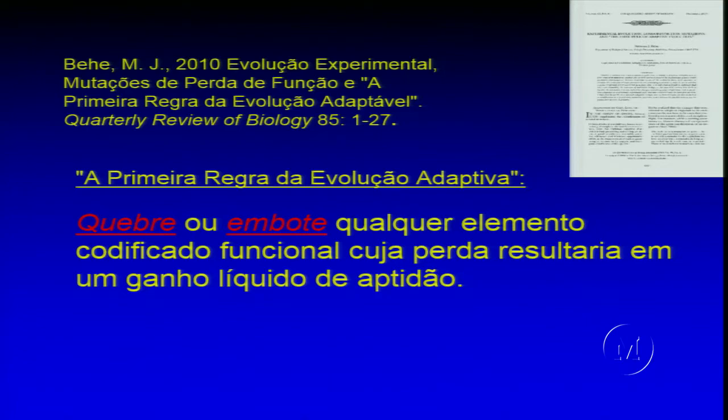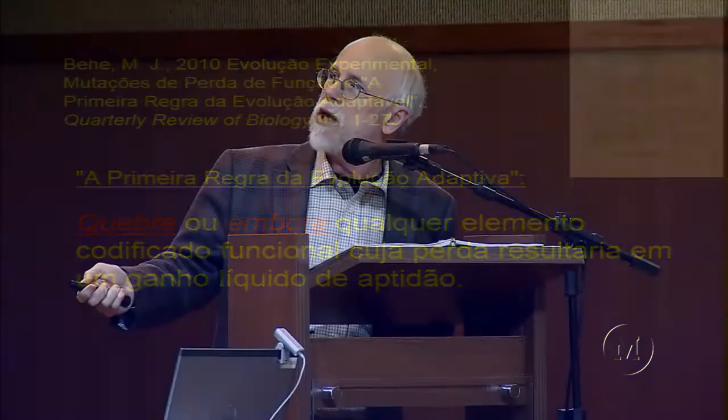And I summed up the result saying that most of these bacteria improved, but they improved by breaking genes. And so I coined a phrase called the first rule of adaptive evolution, and that is to break or blunt any functional coded element, like a gene, whose loss would yield a net fitness gain.